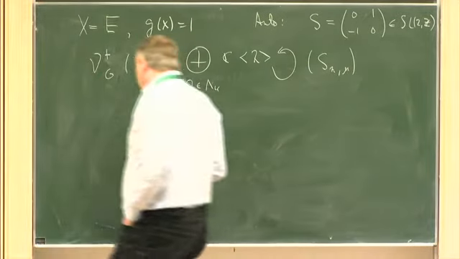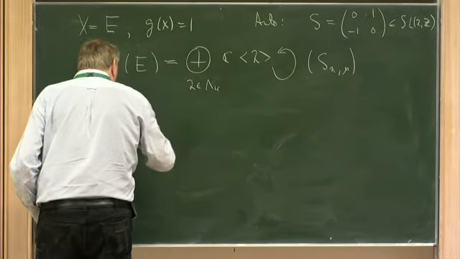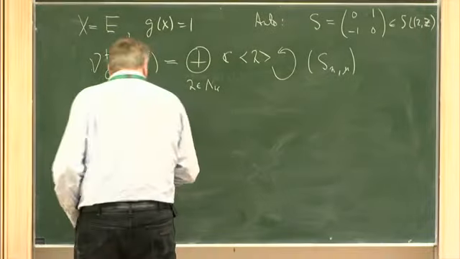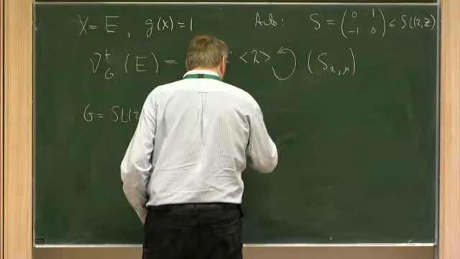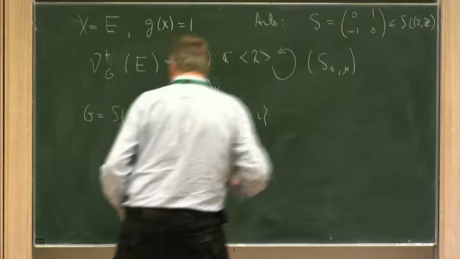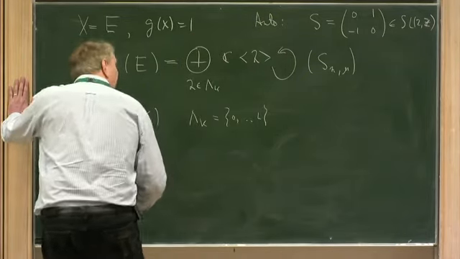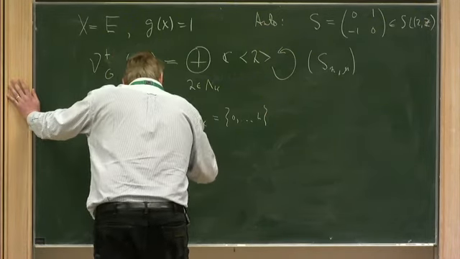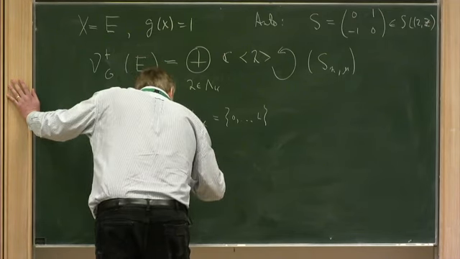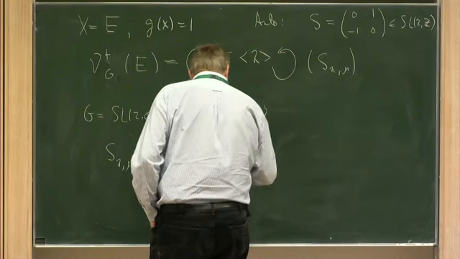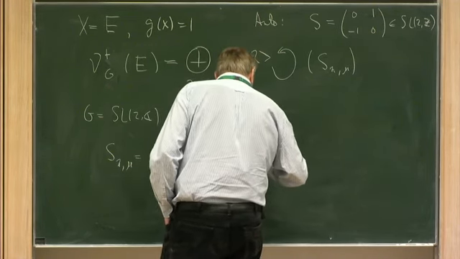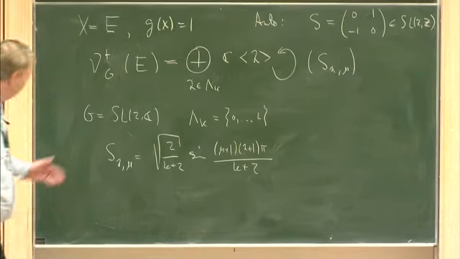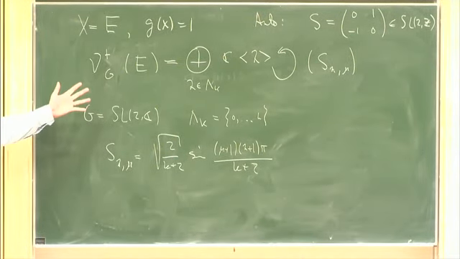And so, for example, if you take G equals SL2C, the basic example here, then the label set at level K is simply the integers from 1 to K. And this S matrix in this case, lambda mu, is just square root of 2 over K plus 2 times sine of (mu plus 1)(lambda plus 1)pi over K plus 2. So that's the specific S matrix that one gets for that theory.